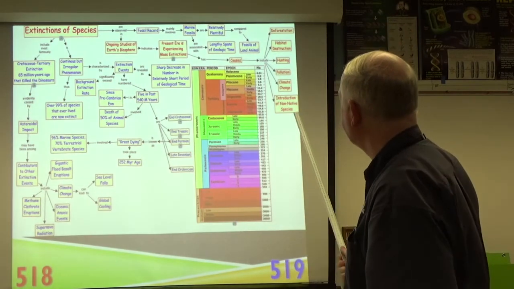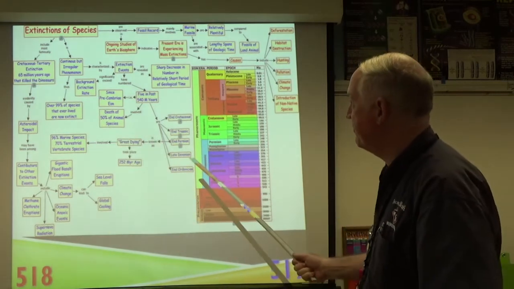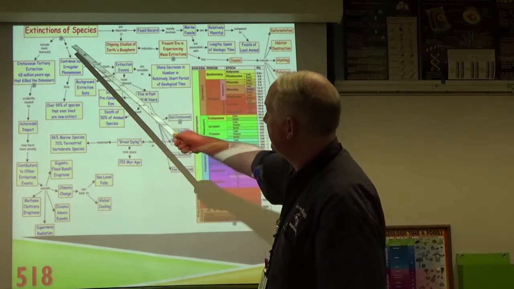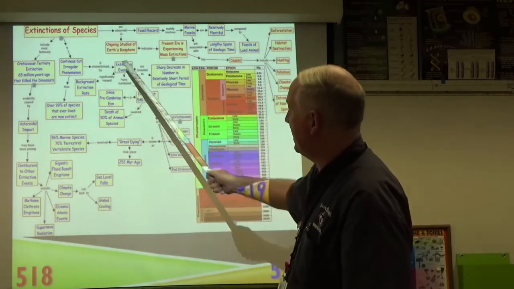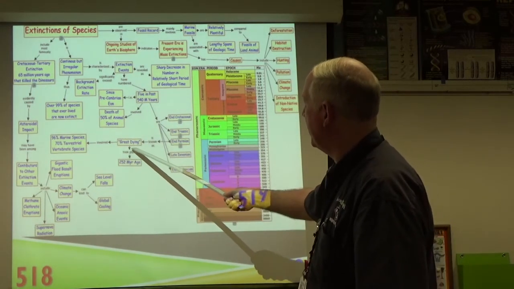This concept map is not one that you have to make, but it's one that I found that talks about extinction of species. That's all it's about. This word right here, which you probably can't see, says the Great Dying.